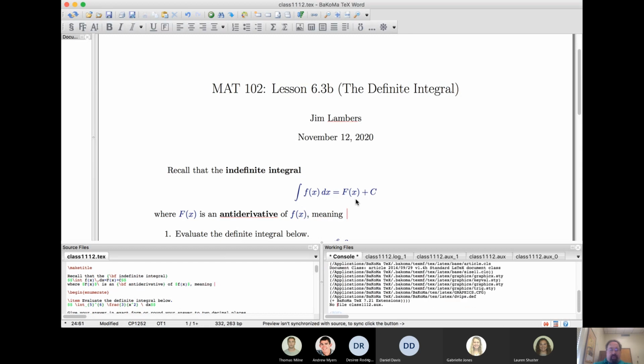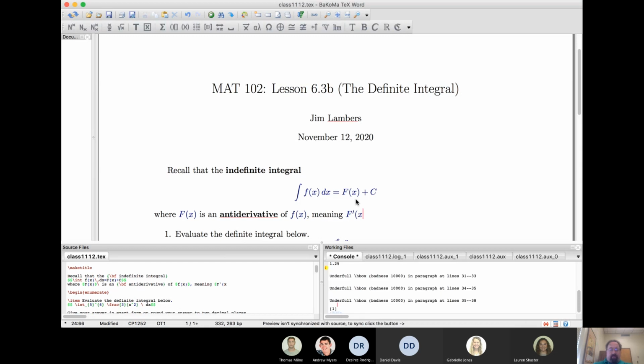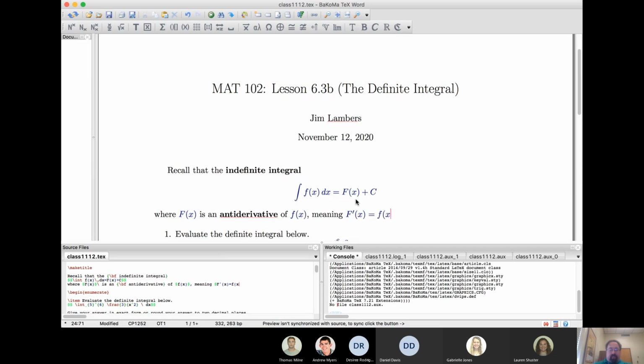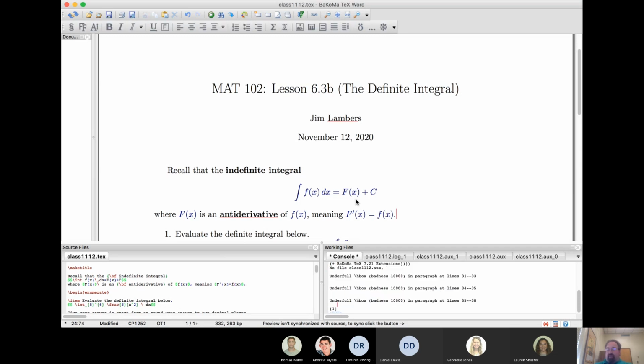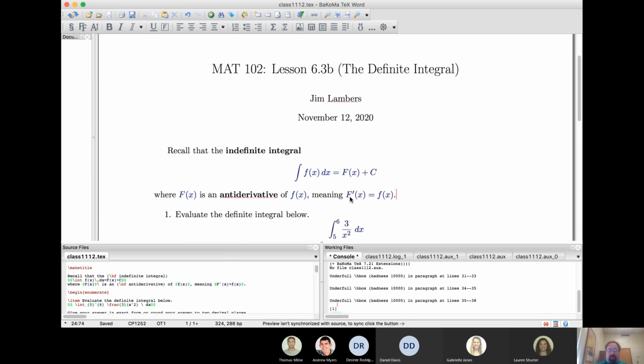And to refresh your memories of what that means, the derivative of big F is little f. So you're carrying out differentiation in reverse. So little f is the derivative. You're trying to backtrack to the original function capital F.